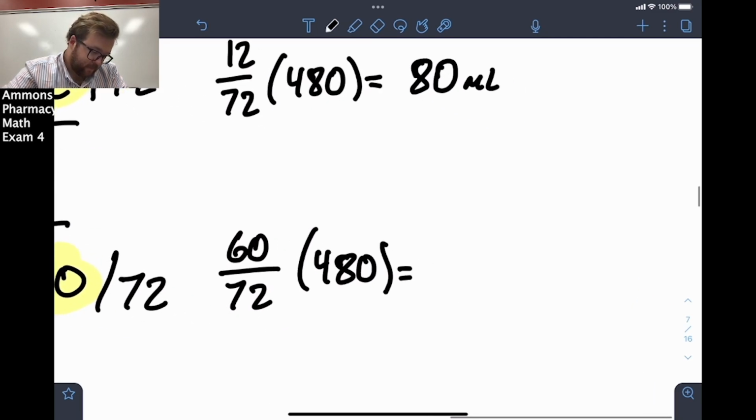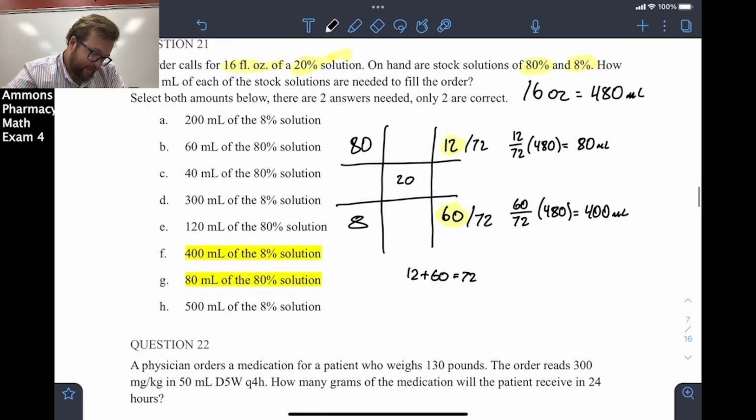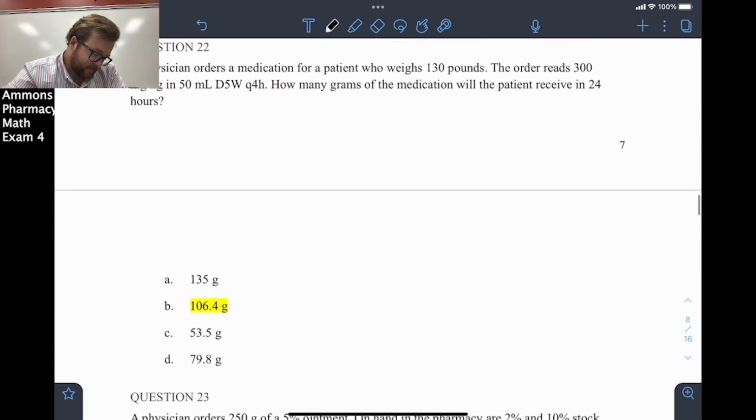And that's 400. Okay, and those are our answers. 400 mils of the 8%, 80 mils of the 80%.